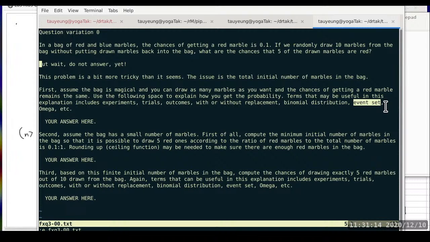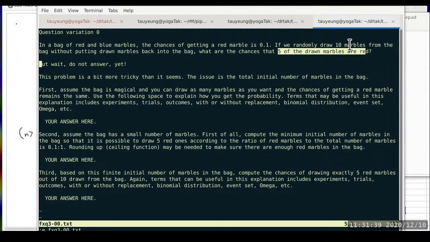In this case, this is the event that we're interested in, that we want 5 of the drawn marbles to be red. And we are drawing 10 marbles. So we are drawing 10 marbles out of the bag, and we only want to count the outcomes where 5 of the 10 are red marbles.